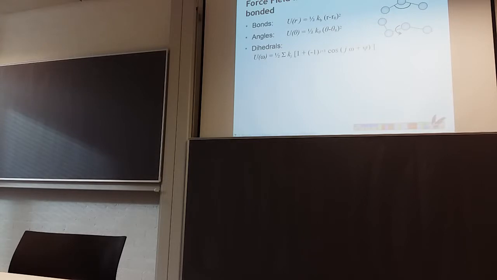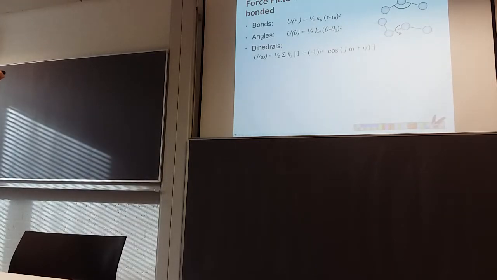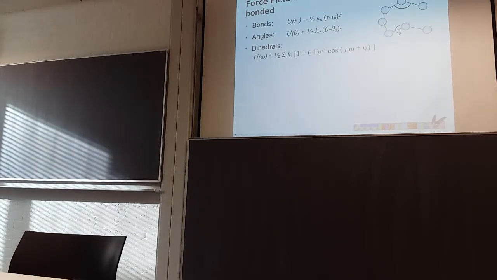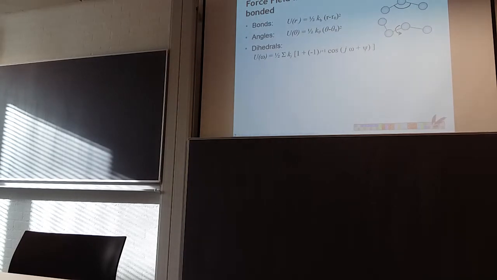And so they have to be circular. So we use a superposition of cosine functions to do that, where you get different peaks and values to describe the fact that some angles are more favorable for this dihedral and other angles are less favorable.